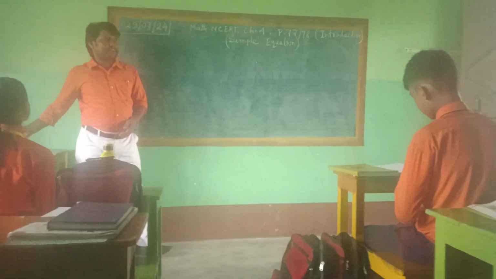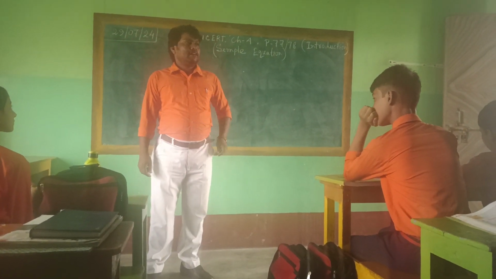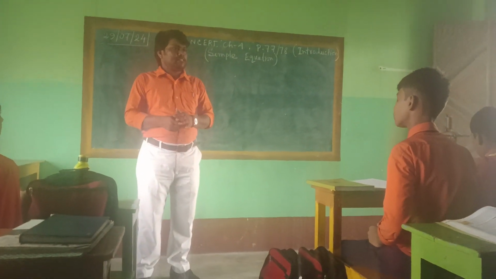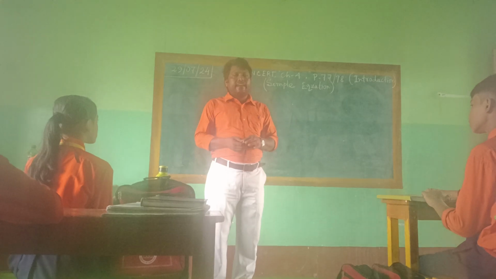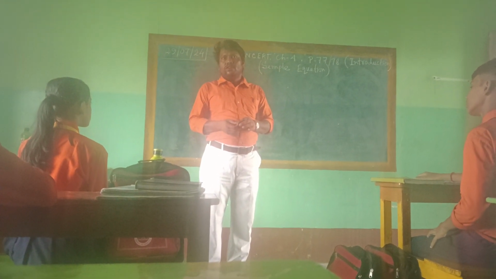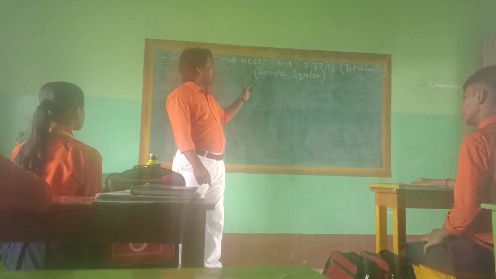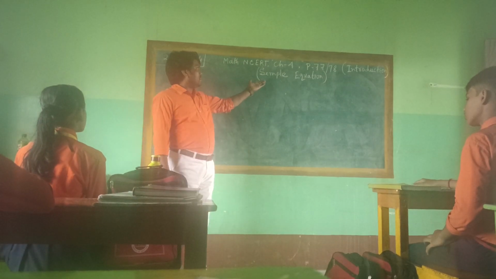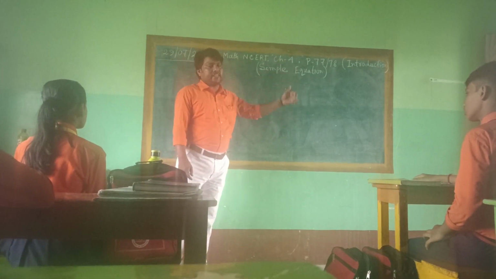So in the previous classes, we have discussed practical geometry, how to construct the angle, how an angle is bisected with pencil compass. Now today we are going to start your next chapter, that is under your half yearly examination, that means simple equation.